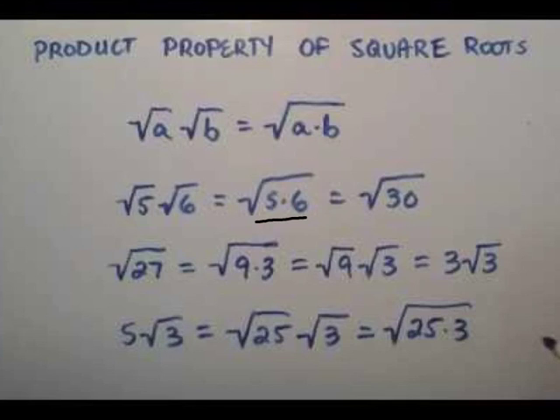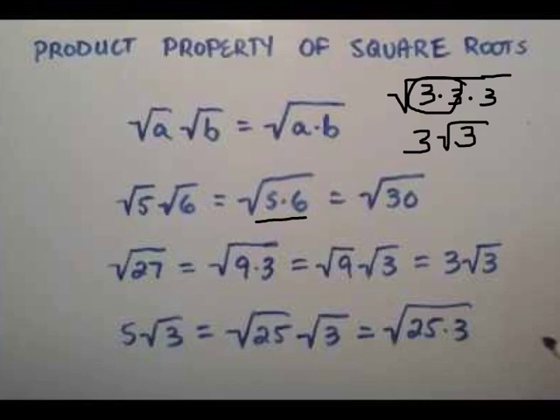Here, the square root of 27 is the square root of 9 times 3, or we could also say the square root of 27 is 3 times 3 times 3. And remember, when we've got the square root of 3 times the square root of 3, that is actually just 3. So we could circle this pair of 3's and put it on the outside. And so the square root of 27 is actually 3 times the square root of 3.